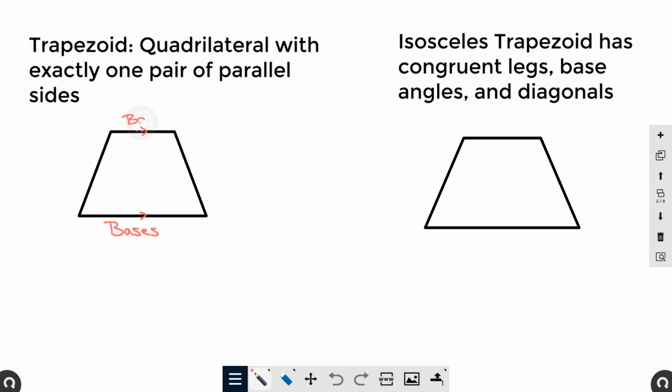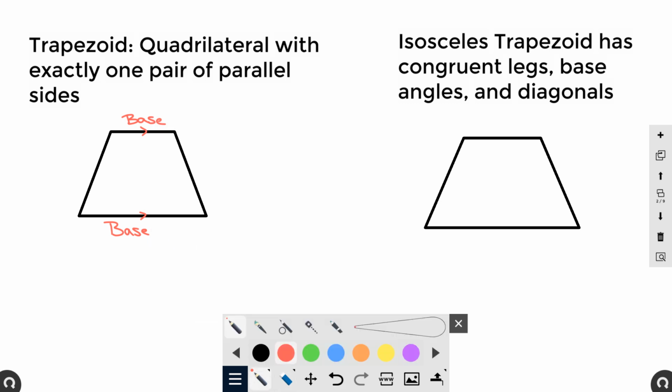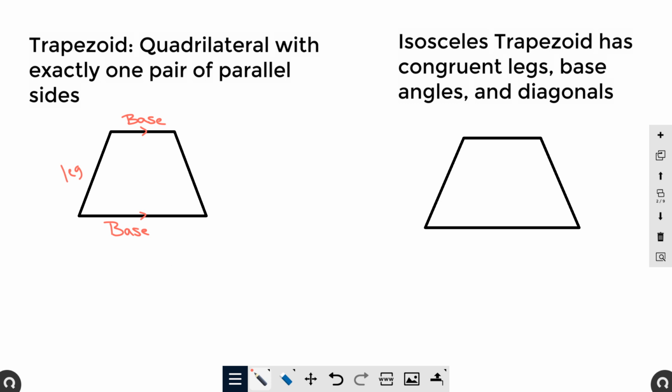So this is a base and this is a base. The other two parts are called the legs. A trapezoid can be written in several different ways as long as two opposite sides are parallel.